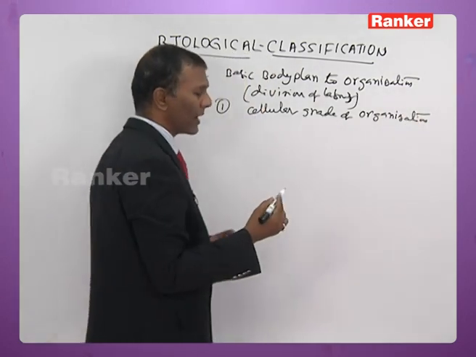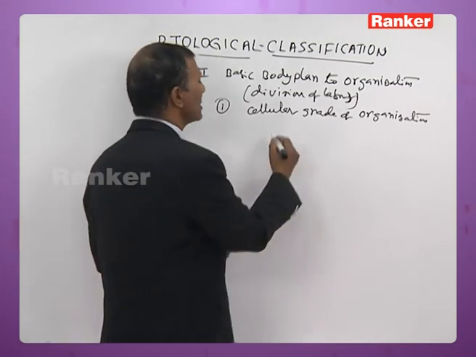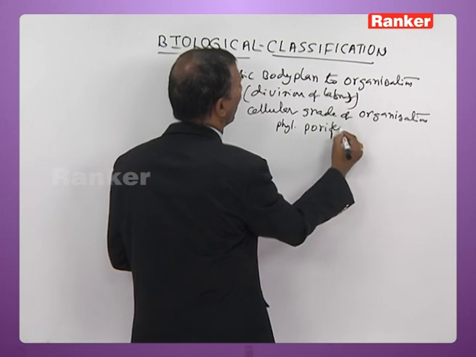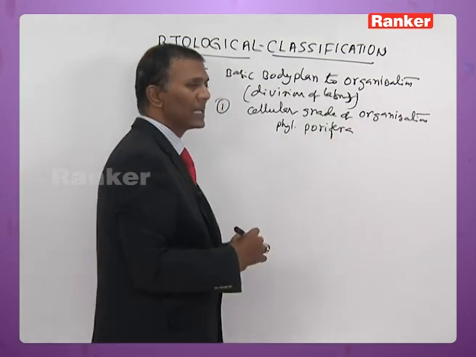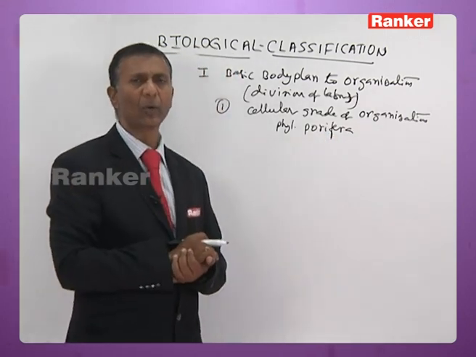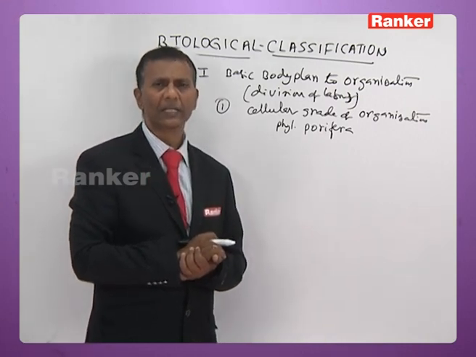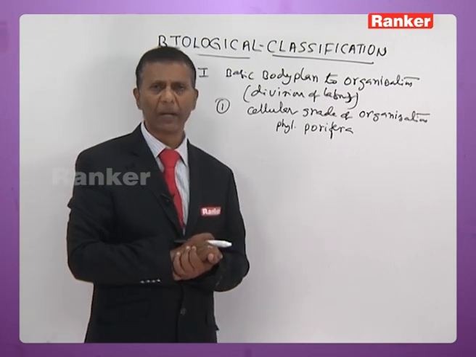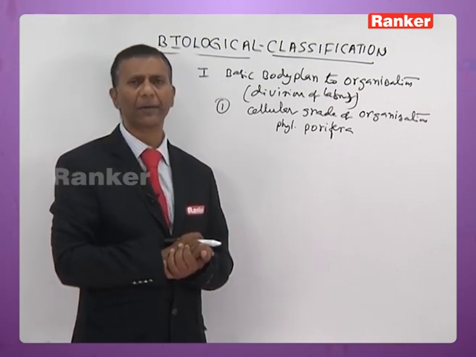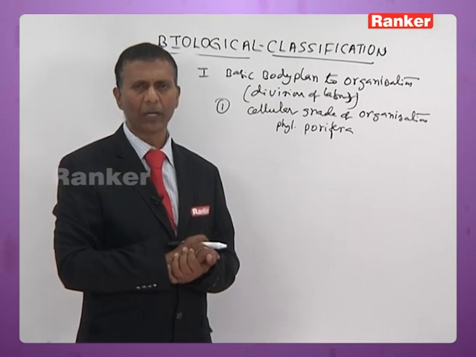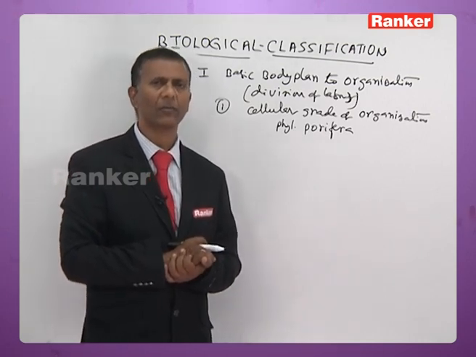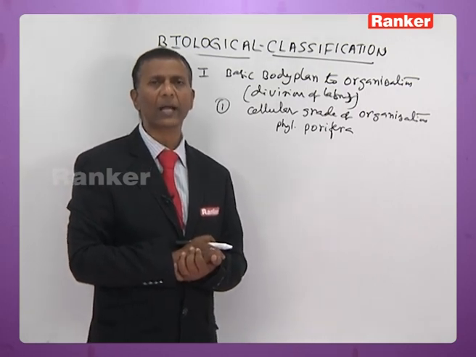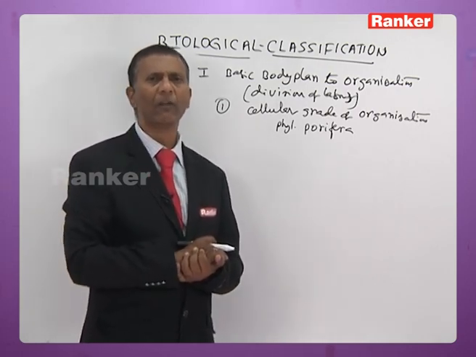The cellular grade of organization is noticed in poriferans, phylum Porifera, where the cells are loosely arranged without any coordination, and cells are entrusted with different functions. Like choanocytes, they are meant for maintaining the water currents in the body cavity. They even bring about partial digestion of food, and they even help in carrying the gametes. Like that, the cellular grade of organization is noticed in Porifera.